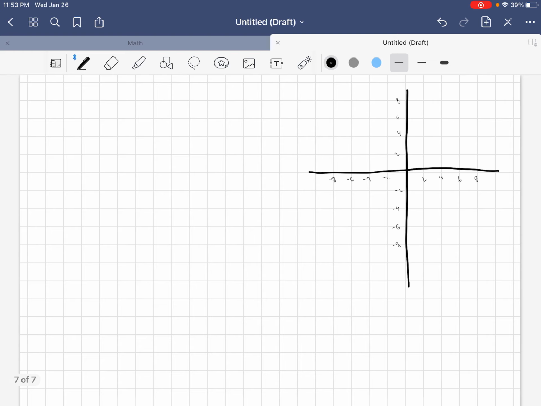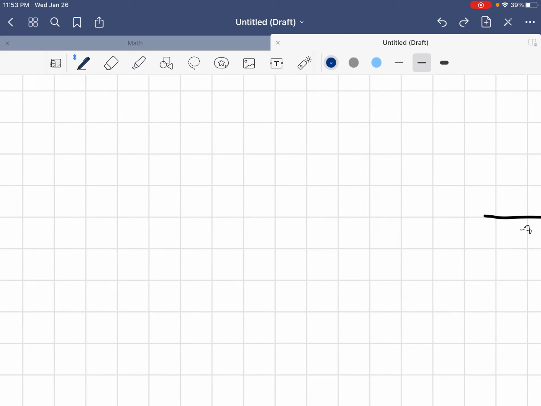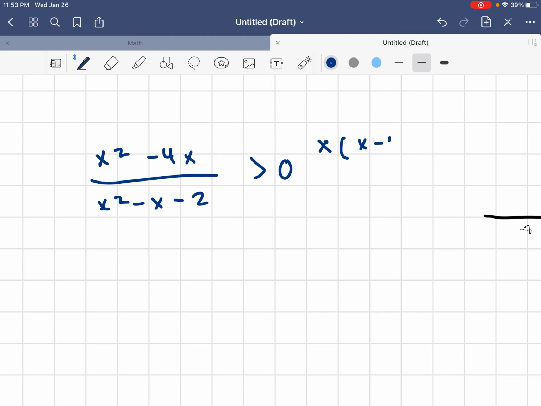Okay, so now we're gonna do x squared minus 4x over x squared minus x minus 2, which is greater than 0. So let's simplify. Let's take our x out. Now, how are we going to cancel out either one of these? I'm going to factor out the bottom.